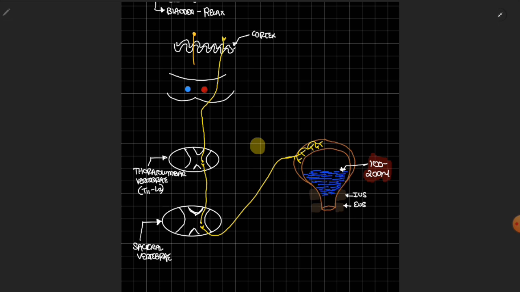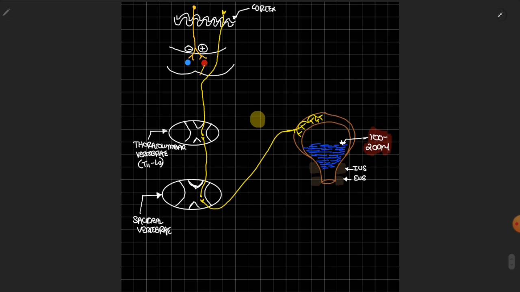Now I will draw it till here. Earlier I did it. Now tell me one thing, we have two centers, pontine storage and pontine micturition. Which center will be stimulated now? Yes, the pontine micturition center. So basically positive, negative.